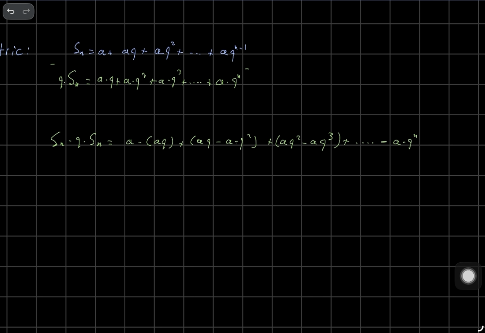The last term is always minus, so here we put minus instead of plus.